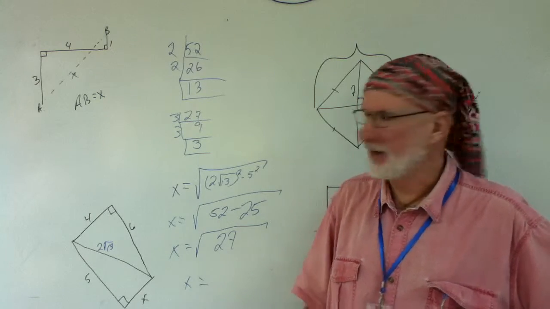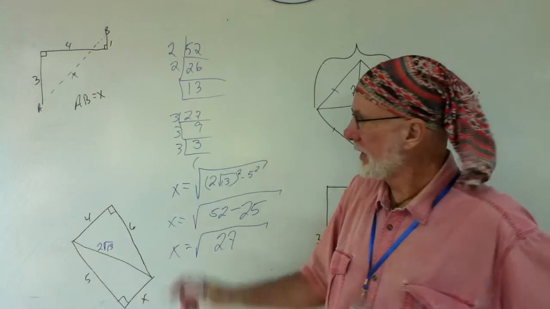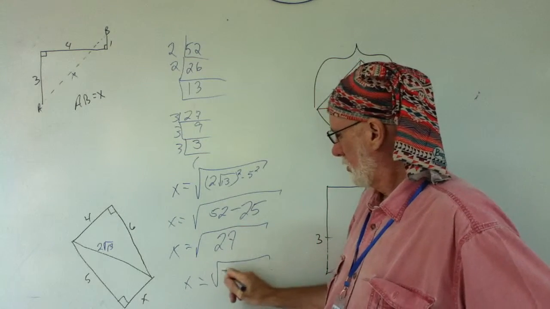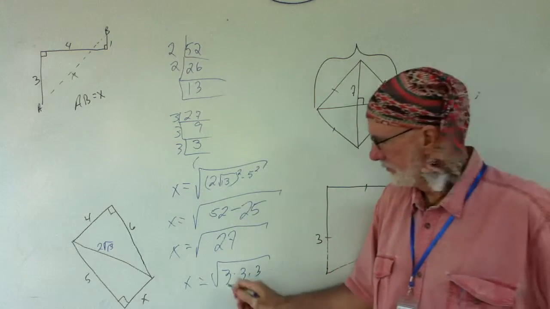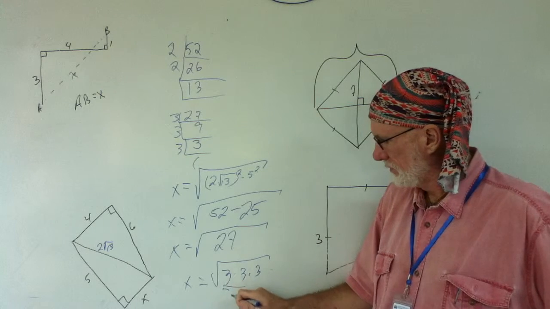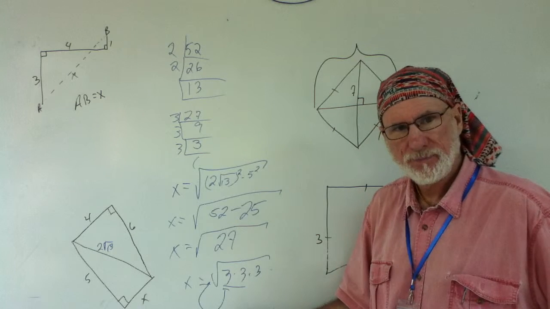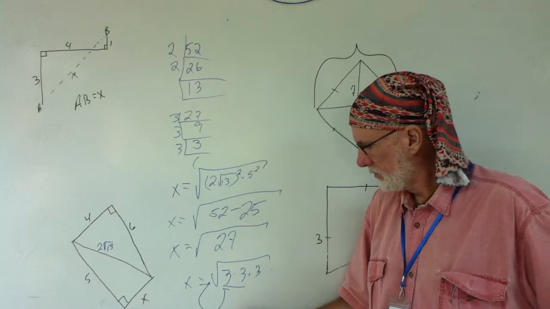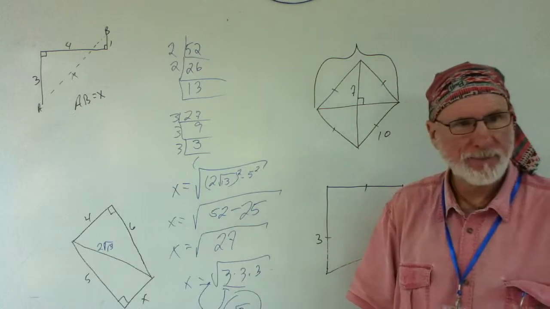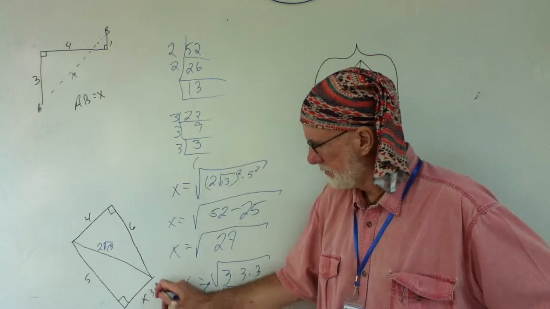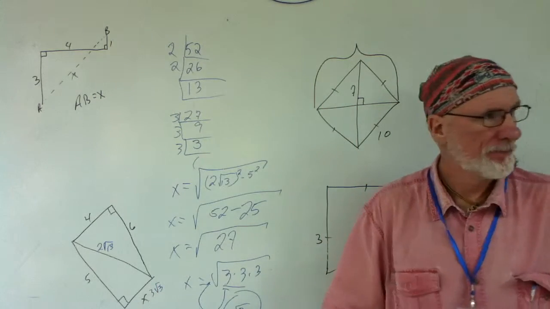No, divide by 3 again, right? 3 divided by 3 is 1, right? So I have 3, 3, 3. Do I have a pair? What do I have? 3 root 3, right? Yes or no? Yes. You okay with that?